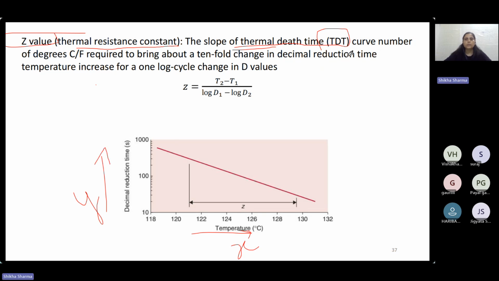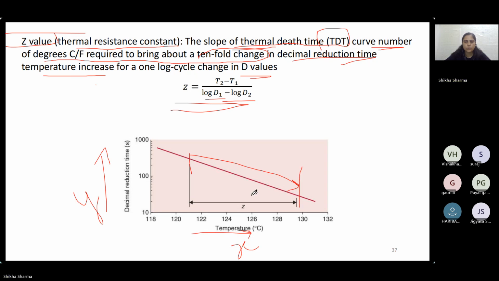So this is the slope of the thermal death time TDT curve, and it tells about the number of degrees Celsius required to bring about a 10-fold change in D value, the decimal reduction time value. So it is the temperature which will tell what is the 10-fold reduction, or 1 log cycle change, in the D value. Z value is T2 minus T1 upon log D1 minus log D2. So this is the slope of the TDT curve.